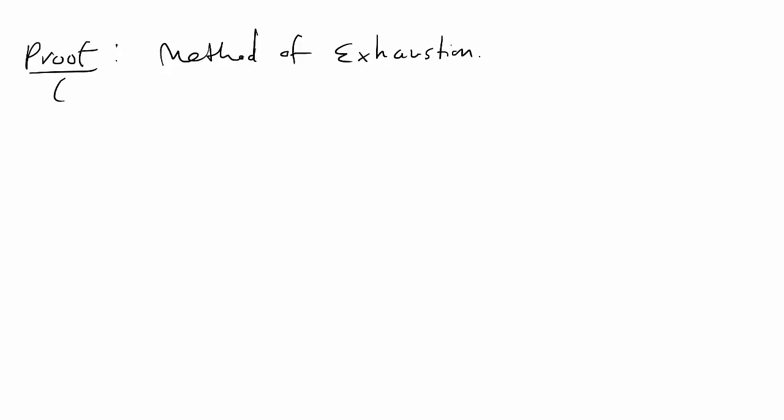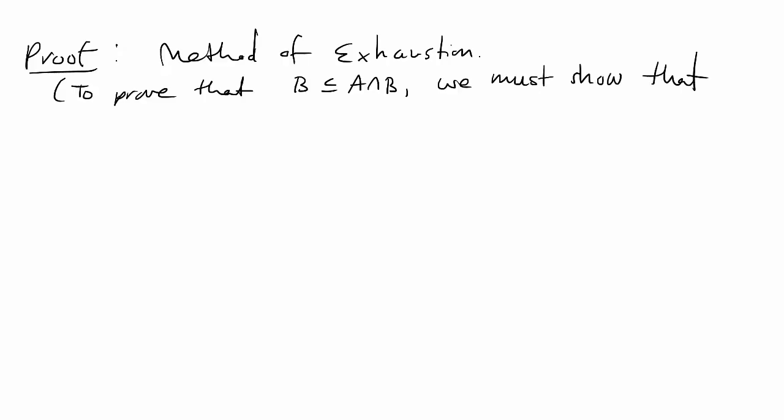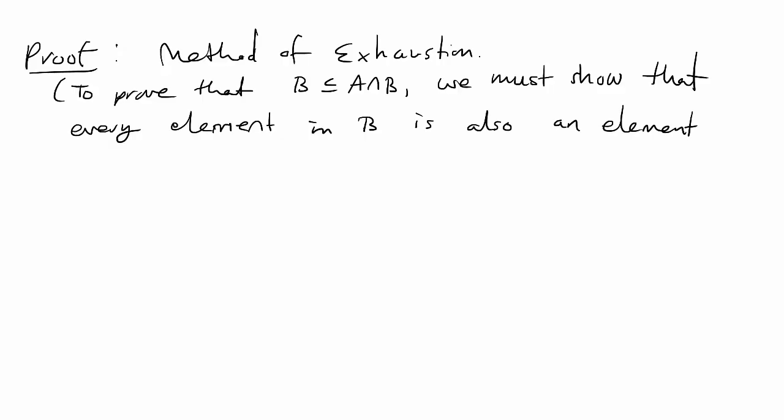And I'm going to leave a note here: to prove that B is a subset of A intersection B, we must show that every element in B is also an element in A intersection B.